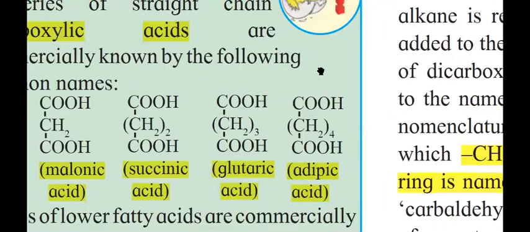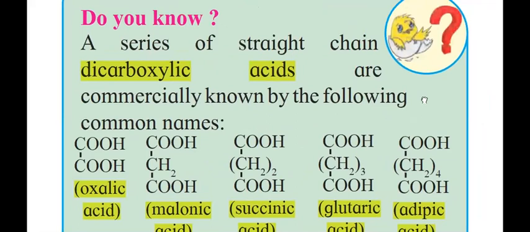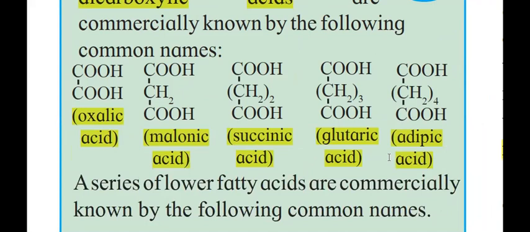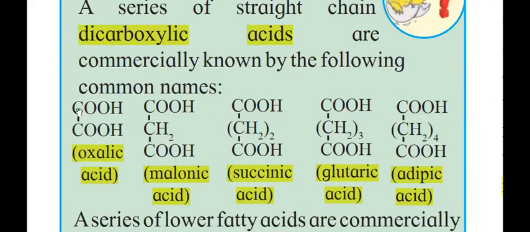See also, this is important. A series of straight chain dicarboxylic acids are commercially known by their common names. These are dicarboxylic acids, meaning they contain two COOH groups. When there are directly two COOH groups, it is called oxalic acid.